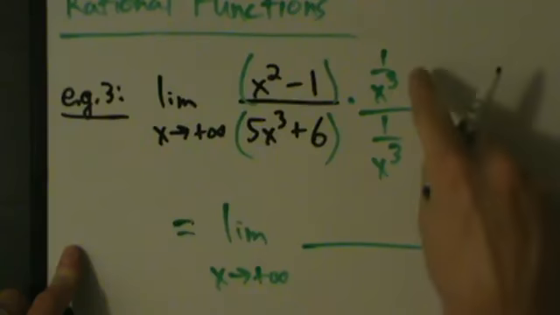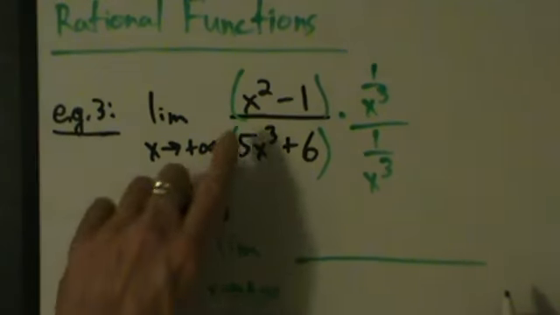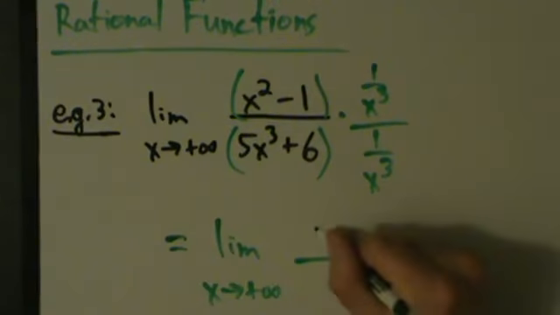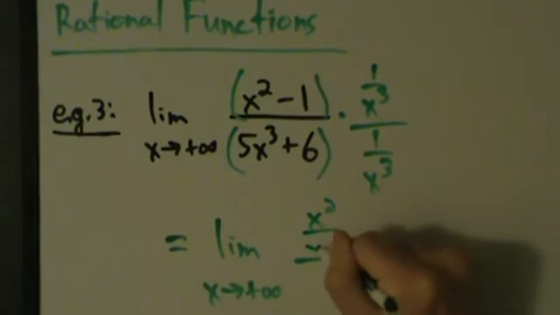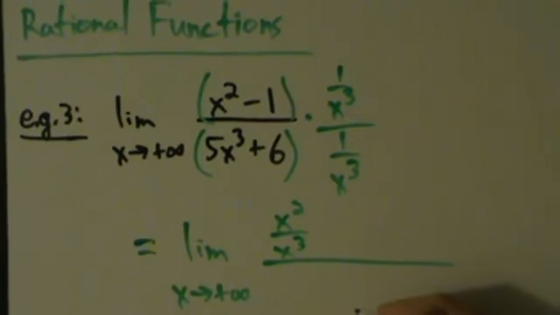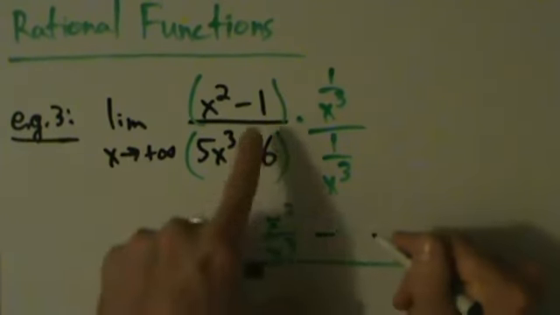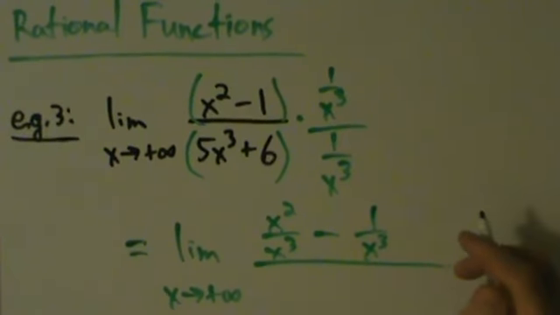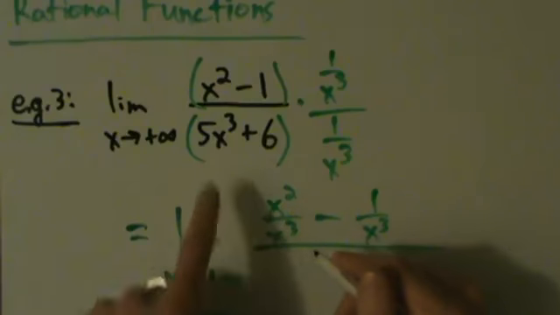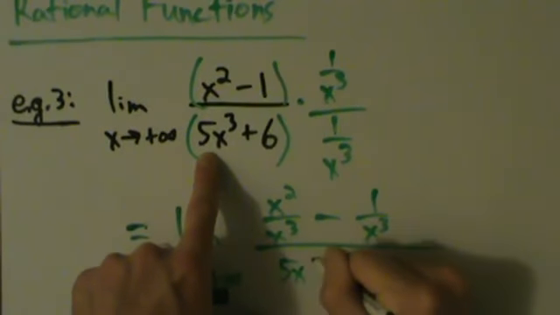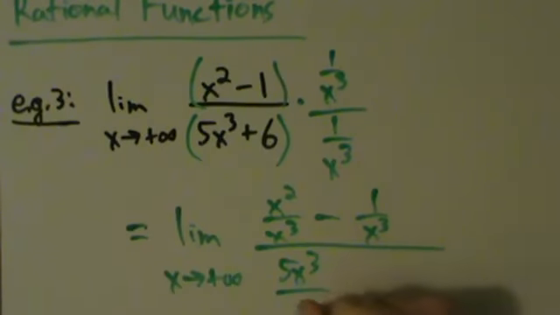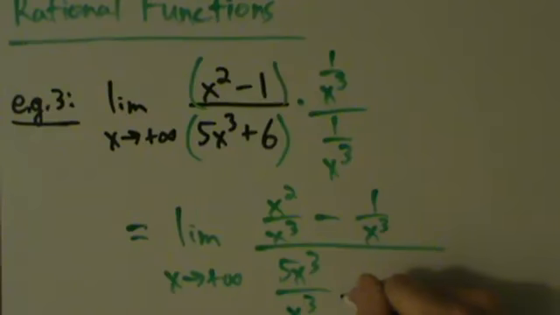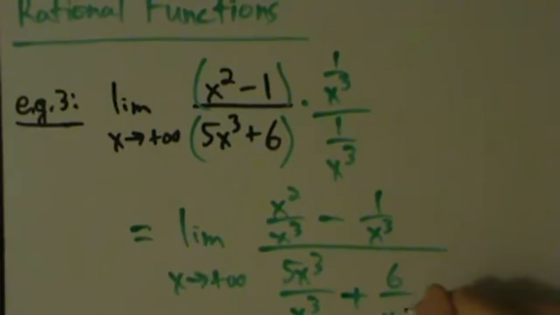So let's go ahead and distribute this through and see what happens. x squared times 1 over x cubed gives us x squared over x cubed, right? And then minus 1 over x cubed. And then on the bottom we have 5x cubed over x cubed, and then plus 6 over x cubed.